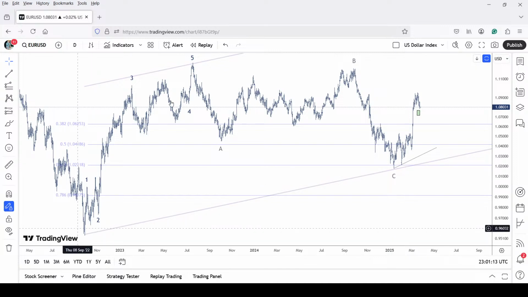So classic 5 waves up followed by 3 waves down should be ideally followed by another 5 waves rally at least, if not further.